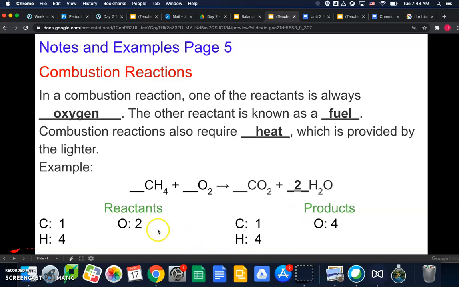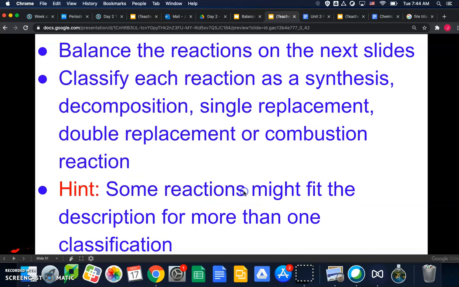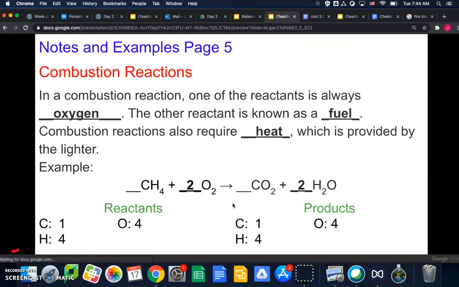We have 4 oxygens on this side, 2 oxygens on this side. So we're going to put a 2 out front. And then now we have 4 oxygens, so everything should be balanced. We can get rid of our blanks in front of methane and carbon dioxide. Oh, whoops, forgot to do that. So yeah, I would get rid of the blanks in front of here and here normally.